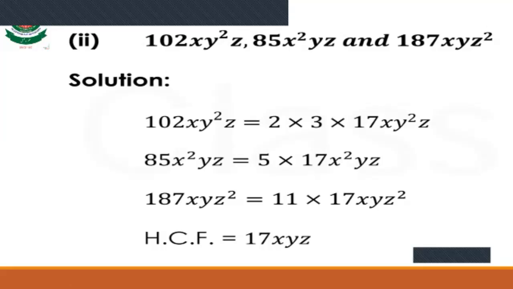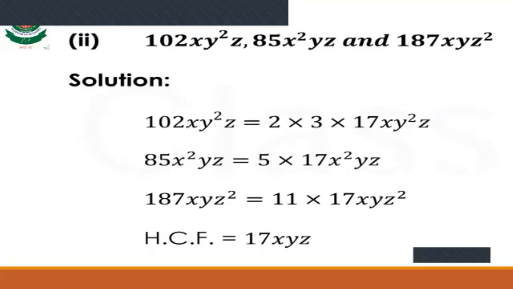You can write 102 as 2 multiplied by 3 into 17. If we multiply these, 2 into 3 into 17, that is 102. So 2 into 3 into 17, xy^2 z. Our second term is 85x^2 yz.